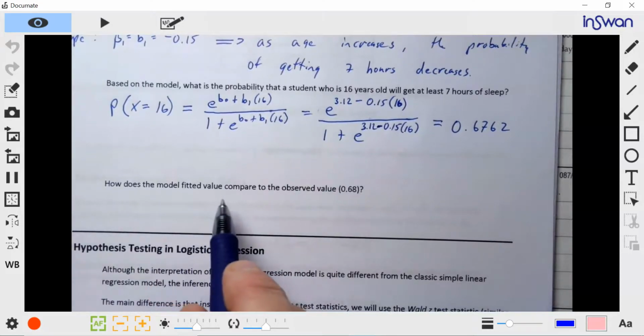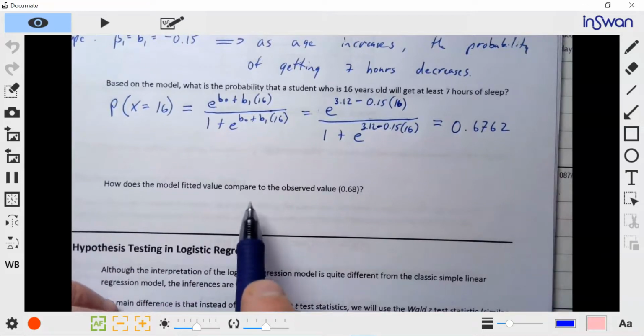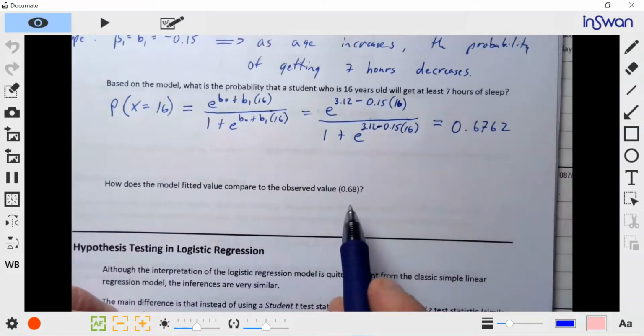So how does the model fitted value, which is 67.26%, compare to the observed value, which is 0.68?